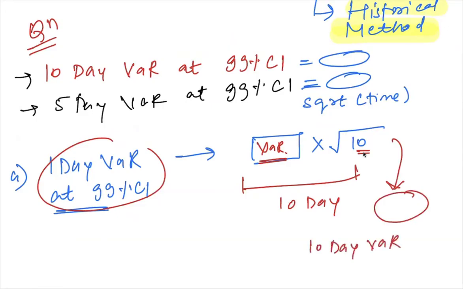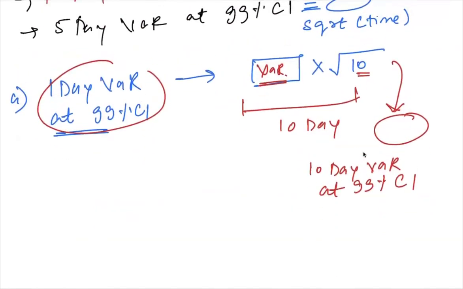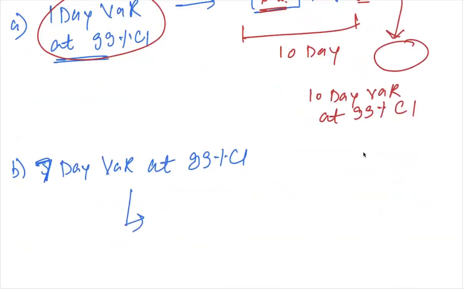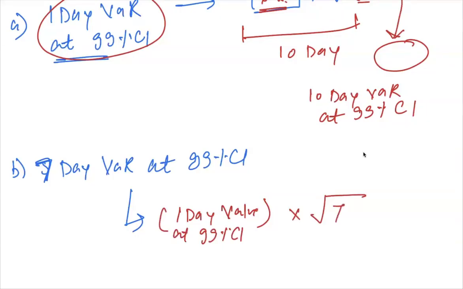at 99% confidence interval. Similarly, if I want to calculate my 5-day value at risk, or let's say 7-day value at risk at 99% confidence interval, I'll take my 1-day value at risk at 99% confidence interval and multiply it with the square root of time, which is 7 here.